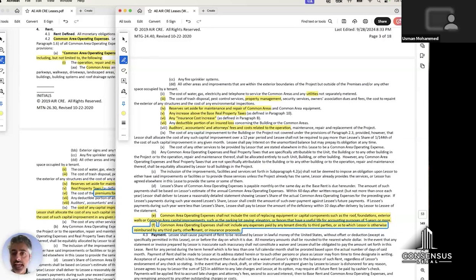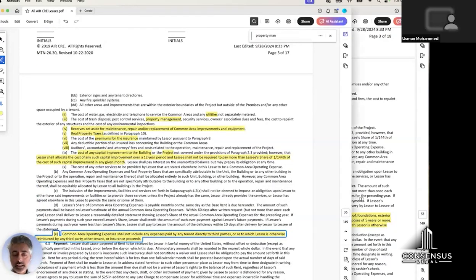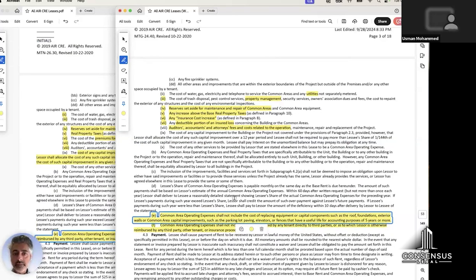It's subparagraph F in the gross lease. It's subparagraph E in the net lease. And the reason is the gross lease added the exclusion for replacement of capital items. So it's a pretty dense seminar, dense content, these two 4.2 in the net and gross leases.